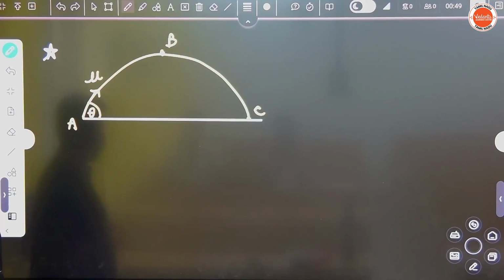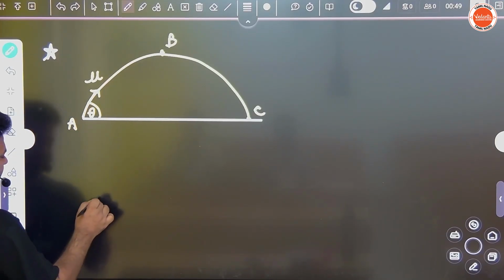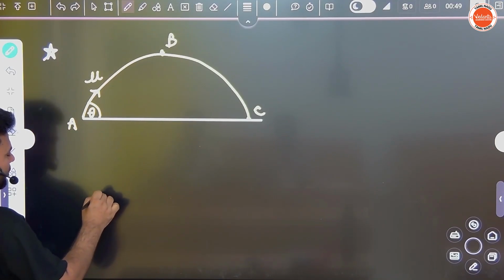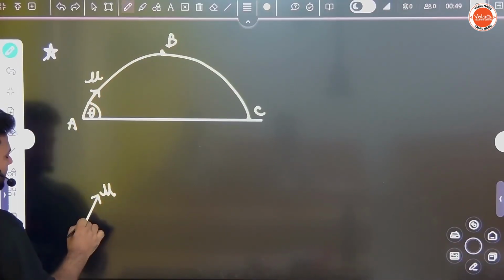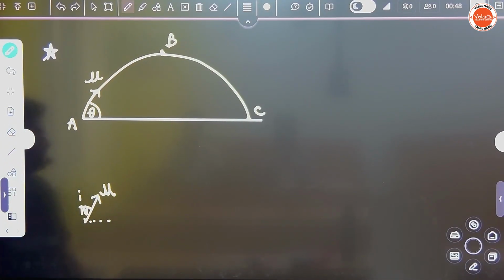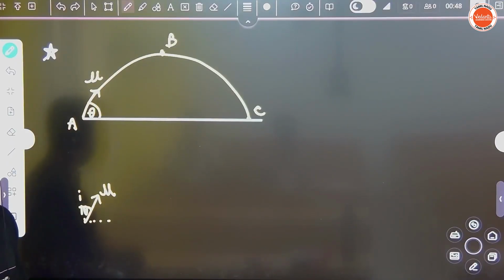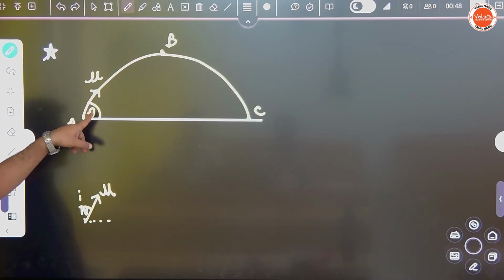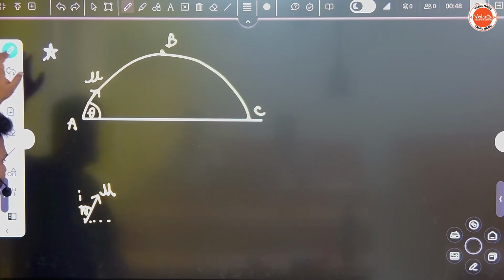Always remember this. Sometimes they confuse: they will give that you are throwing a ball with U speed, making an angle theta here. This angle they will give, and if you apply the formula, you will get the wrong answer. Always remember theta we always take from the horizontal.